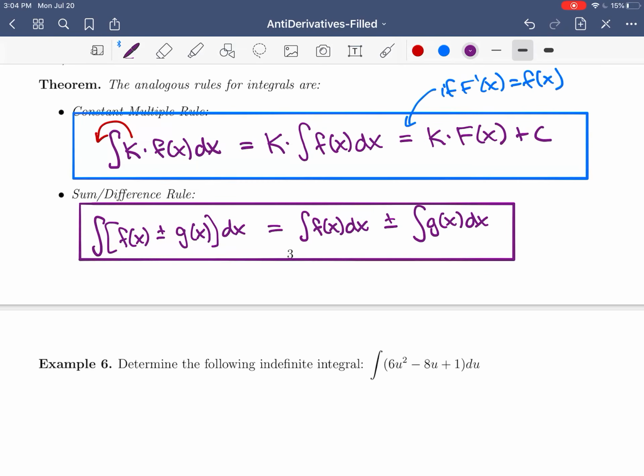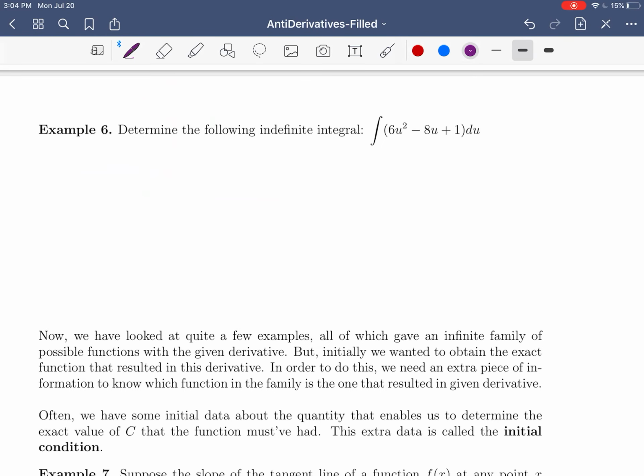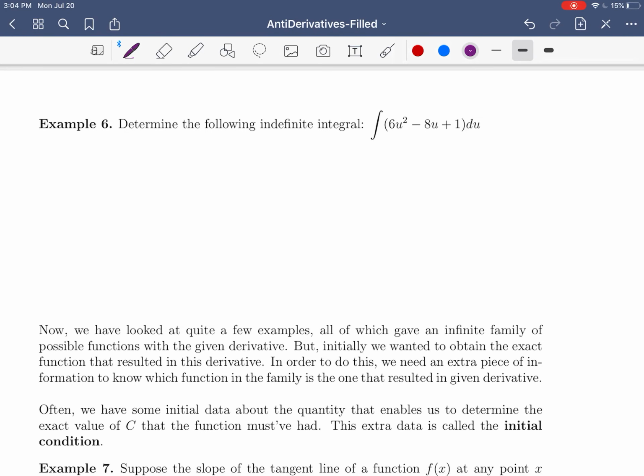So let's do an example that uses this. Let's say we want to find the indefinite integral of 6u squared minus 8u plus 1 du. Here u is our variable, just to be a bit different.